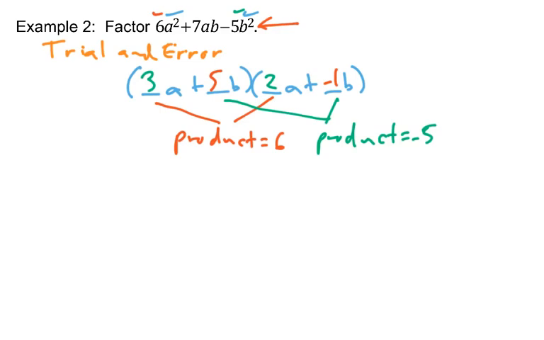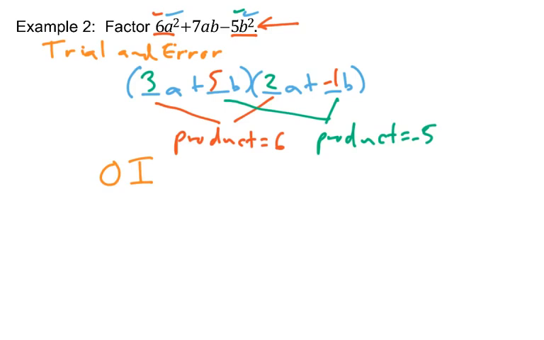And if you'd like to save a little bit of time, because you chose the numbers in the blanks to get the correct first and last terms, you really only have to check the O and the I terms from FOIL. I call this checking the OI, the outer and the inner terms. That's really all you have to look at.